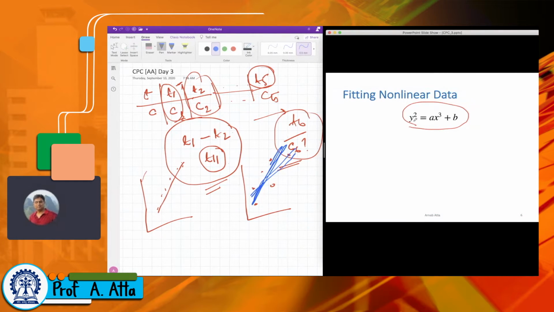So our objective should be to present it as a quantity 1 and quantity 2 in this relation somehow by rearranging the expressions. Then life becomes easier, because then you can plot x cube here and y square here. It would give you a straight line with a slope of a and intercept of b.